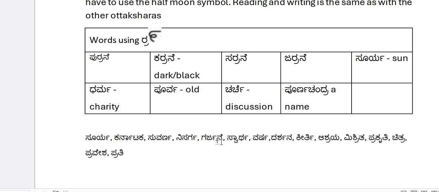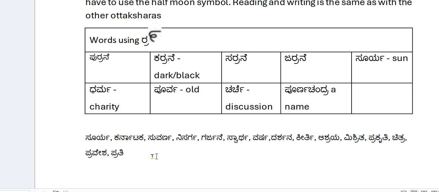Ga, R, Ja, Ne, Garjane. This word we will leave for now because it has Vijati Ottakshara, which I have not explained yet. Varsha. Darshana. Kirti. Ashraya. All these we can do once we have done the Vijati Ottaksharas.